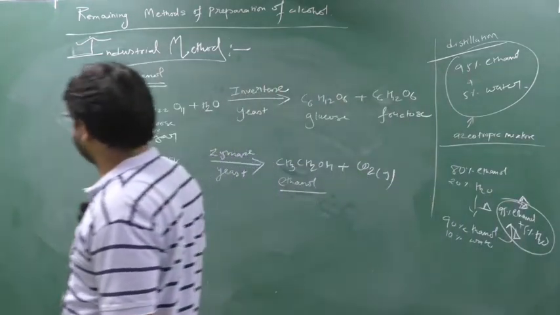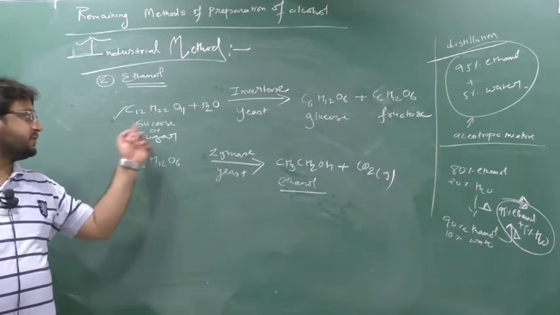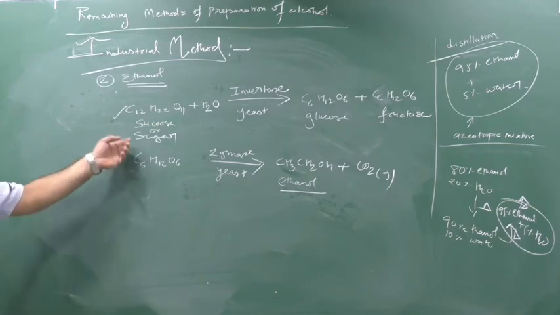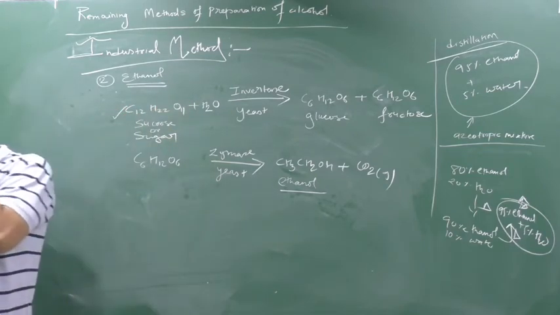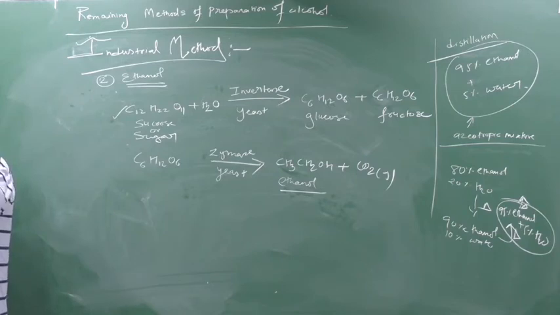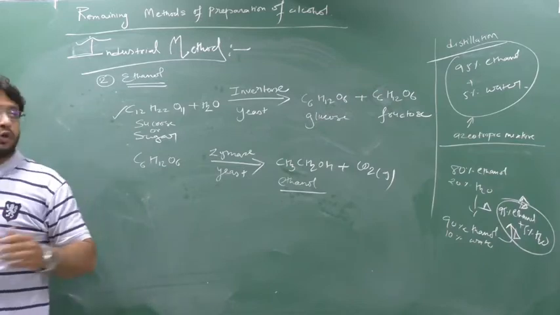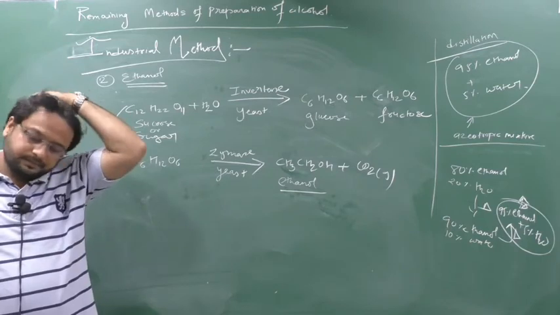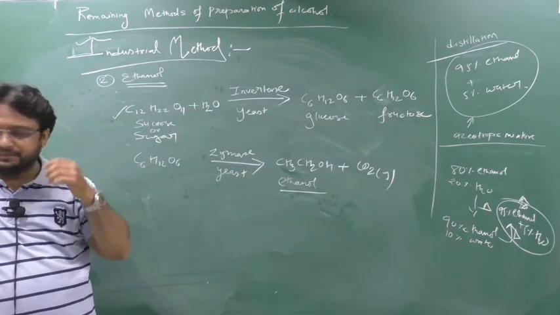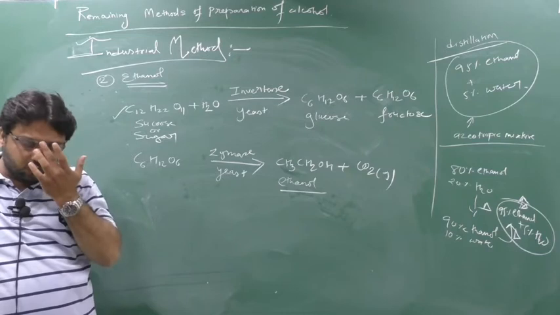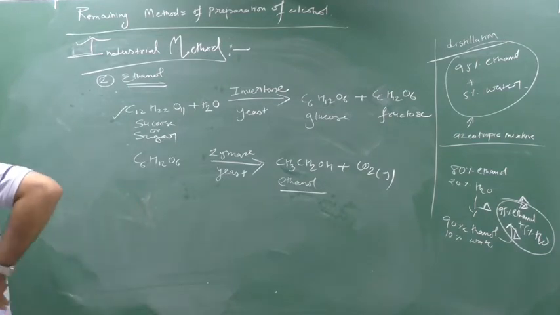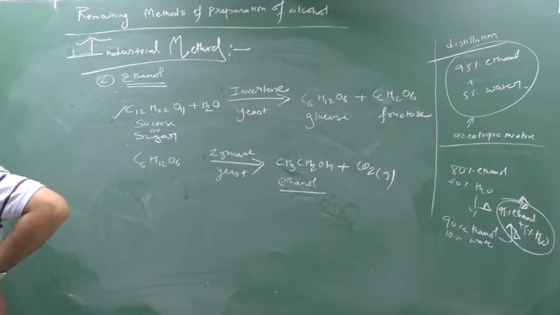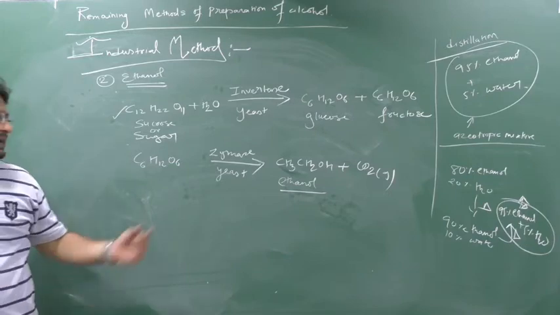Now write down this reaction. Sucrose or sugar. Next, the glucose and fructose are further fermented by the enzyme zymase present in yeast.